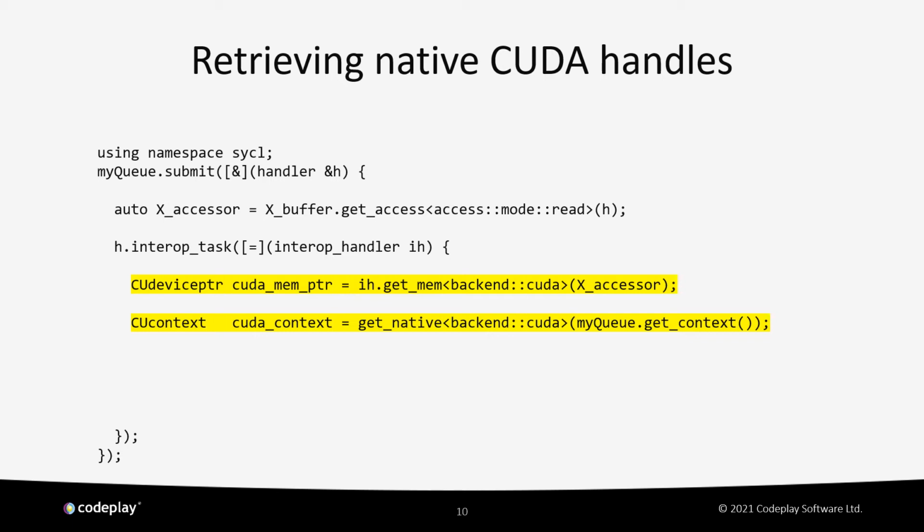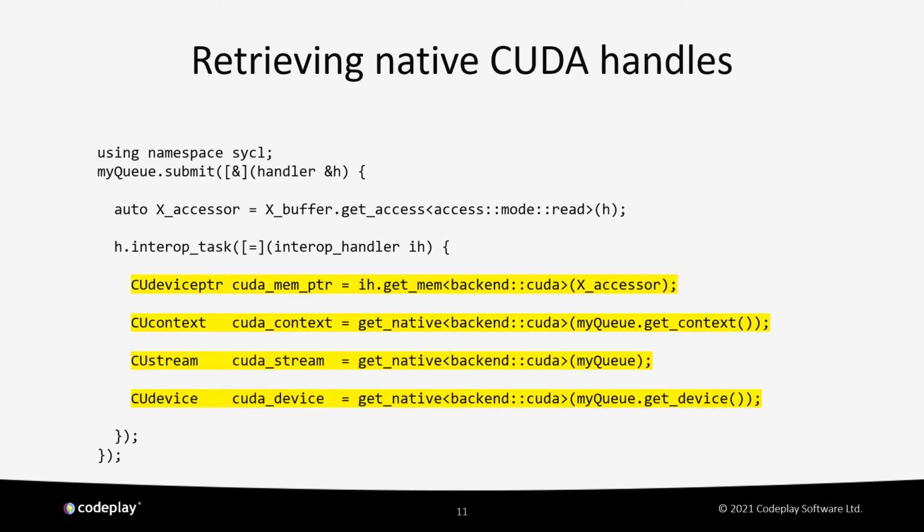CUDA contexts map to SYCL contexts, so we can retrieve our SYCL context from the SYCL queue and pass that as a parameter to the getNative function. As you can see, the process is the same for retrieving CUDA stream and device handles.